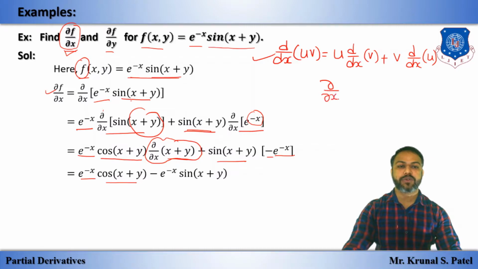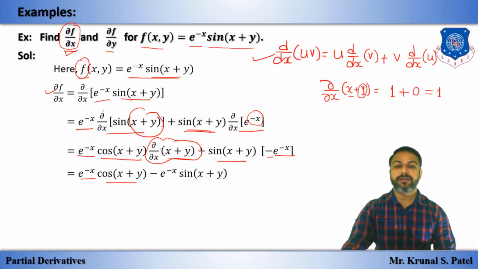We want to differentiate partially with respect to x, so the differentiation of x is 1, and y is treated as a constant and the differentiation of a constant is 0, so we have 1, and this 1 will not affect the term, so no need to write it down.